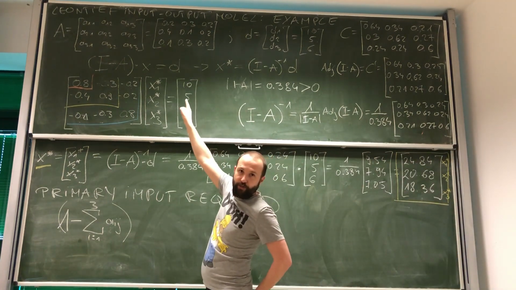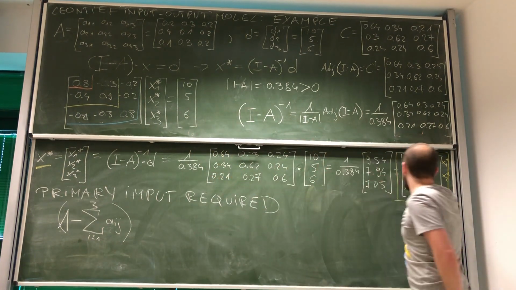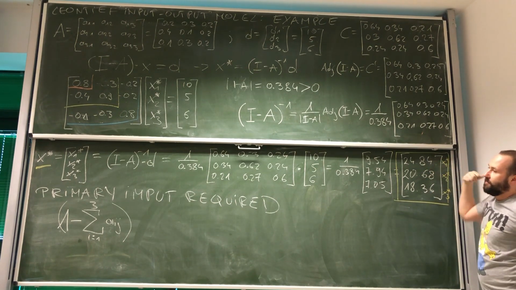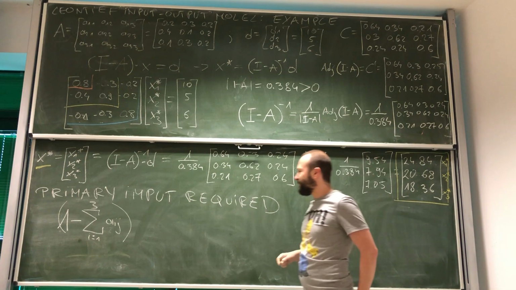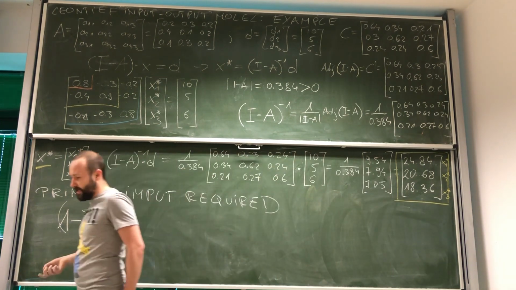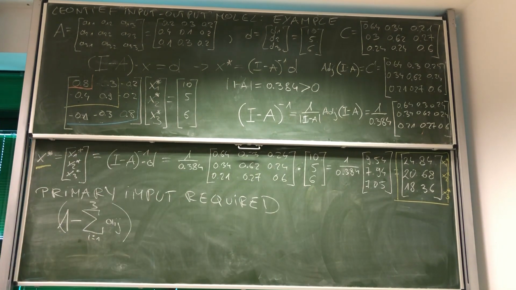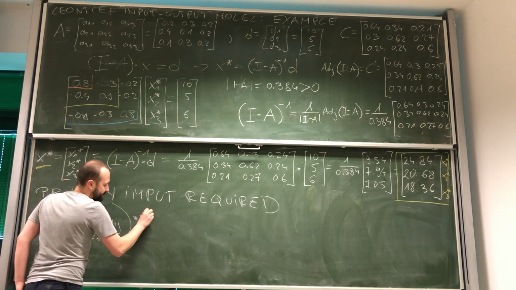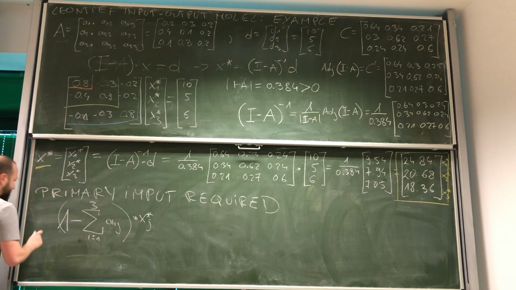but it also depends on how much we produce, because this is for $1 worth. So if we are going to produce this much, we need to multiply it by appropriate level of production. So we're going to do it like this.